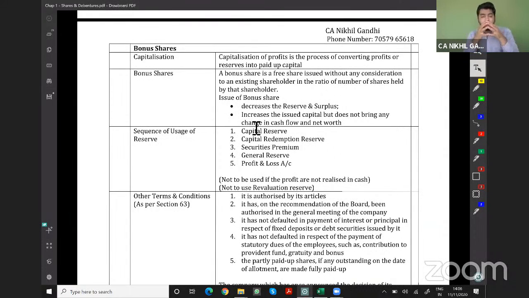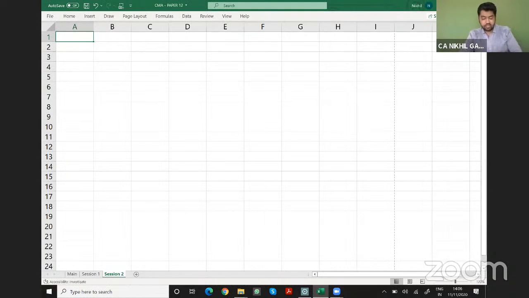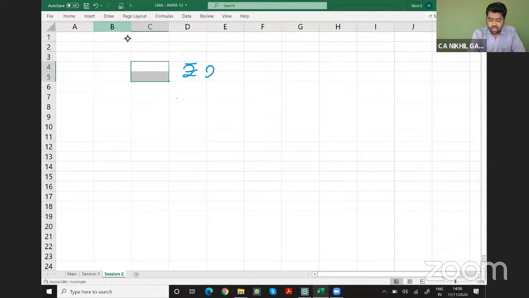So in case of bonuses, see, first I will make you understand what is the logic of bonus shares, why bonus shares are issued. We will jump on that logic, and then we will cover the remaining part. See, if I say, I have rupees 2000, and I have 20 notes of 100 rupees.